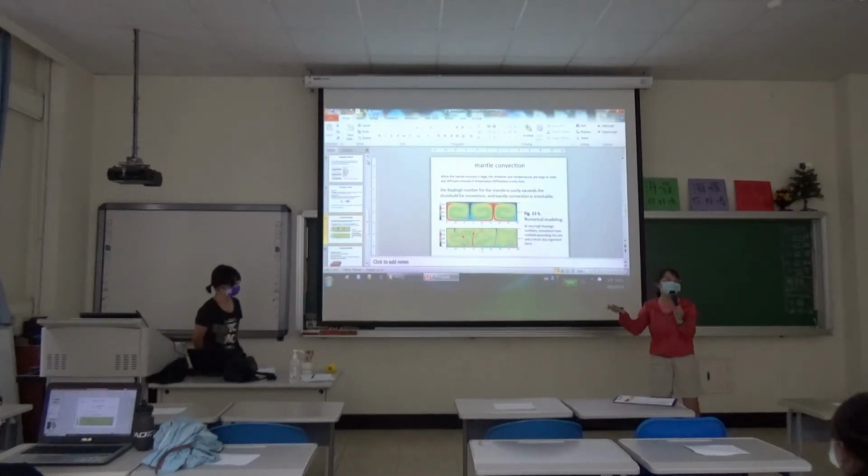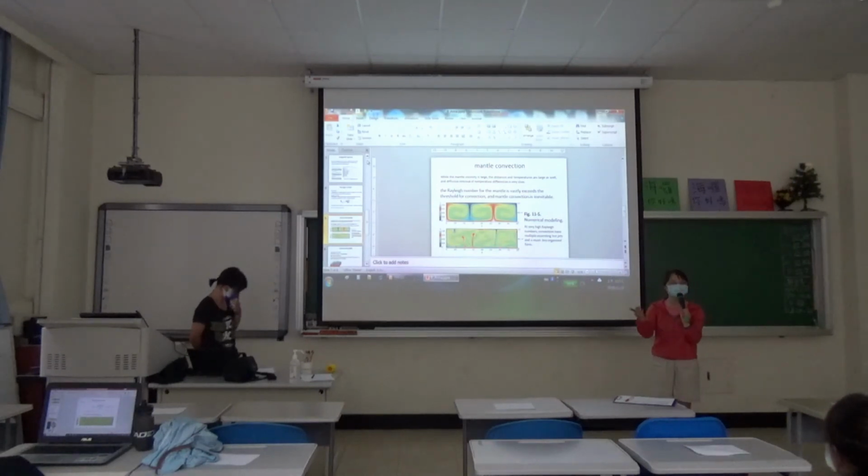And this is based on computer modeling, I have to emphasize again. But I think this will enhance your impression of what kind of mobility the mantle has. Between this and this might be the real state of the mantle.